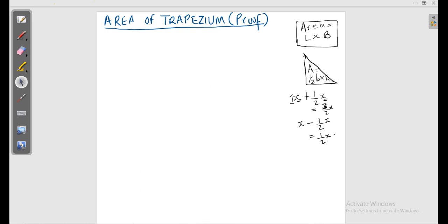So now, let us see what a right-angled trapezium looks like, with the labels A, B, C, and D, with this angle being 90 degrees.